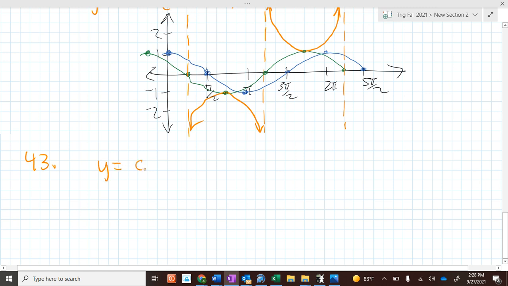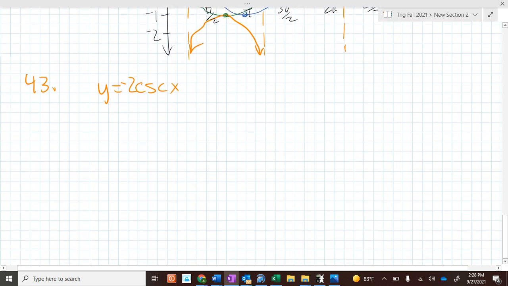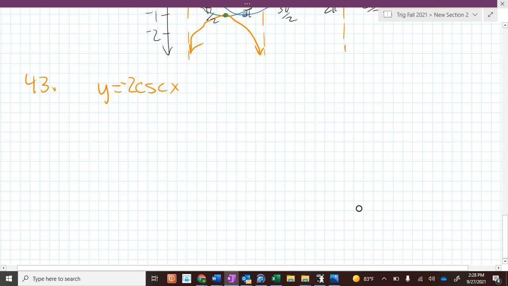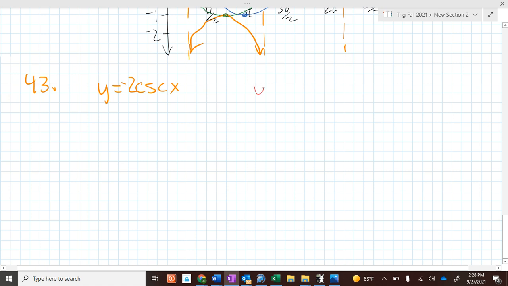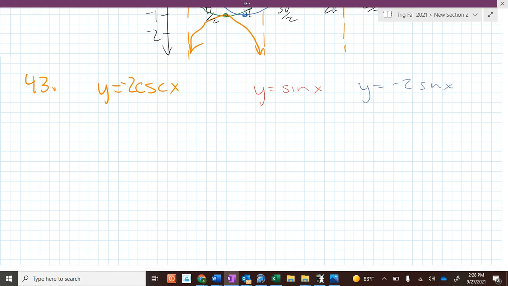Y equals cosecant of, or it's -2 cosecant of x, right? So what's the reciprocal function of cosecant? Sine. So y equals the sine of x. And then we'll draw y equals -2 sine of x.